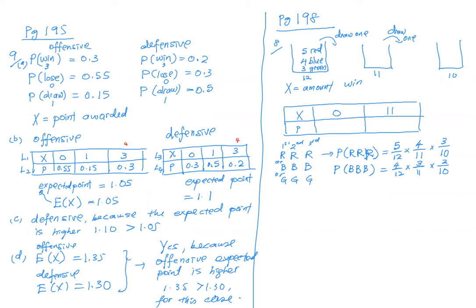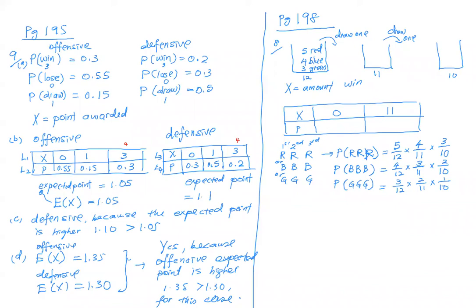So the probability of getting all green. So if you know this principle already, correct? What you can do is three, 2, 1. So you add up all the probabilities.